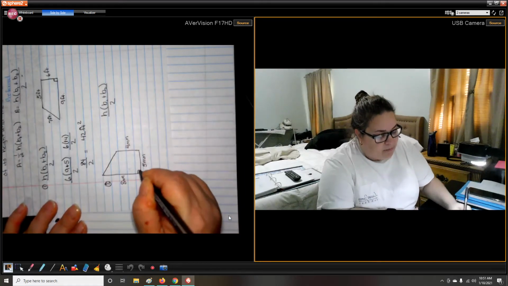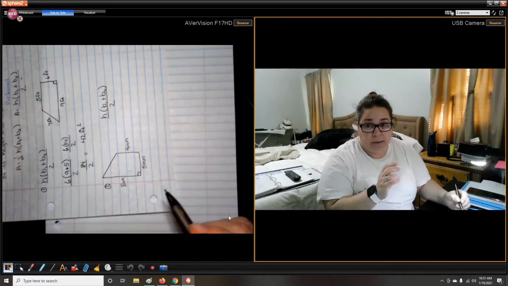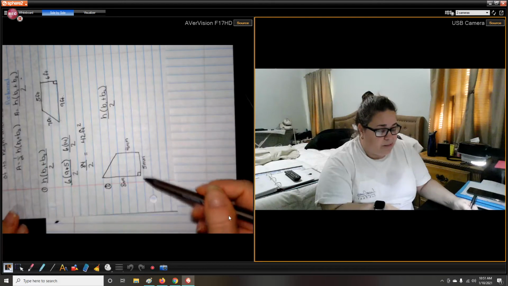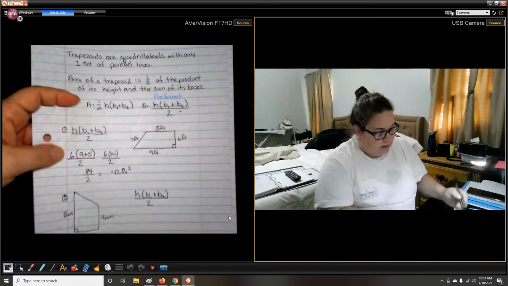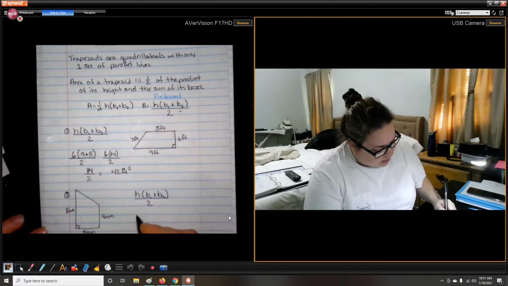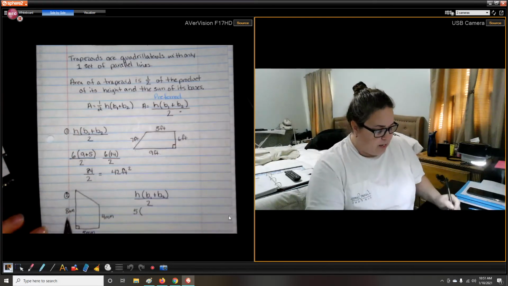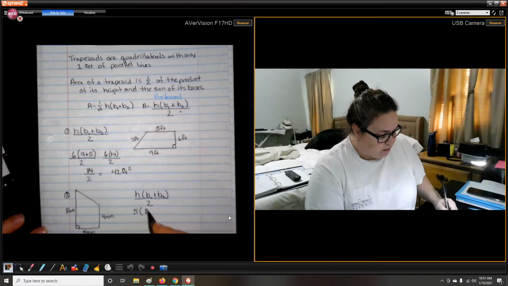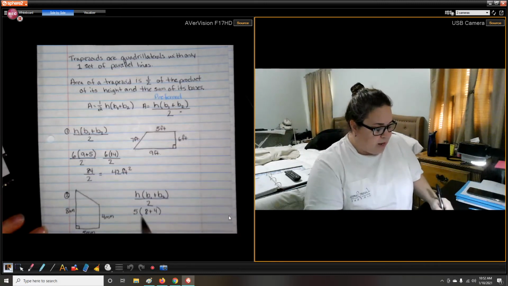And then when I have my 2 parallel lines going top and bottom, then I know that this must be my height. Okay, so now I can turn it back, and my height is 5 times base 1, 8, plus base 2, which is 4, divided by 2.